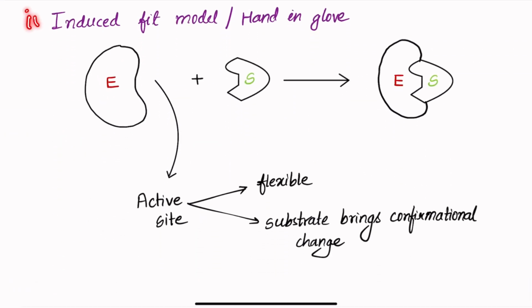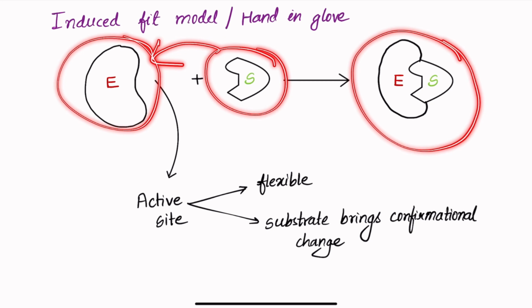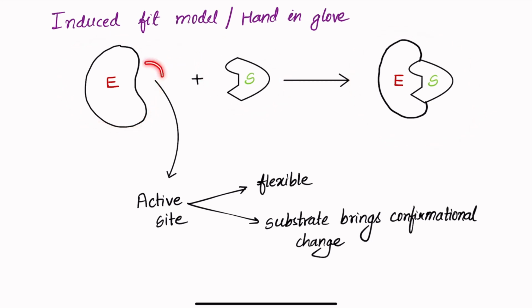Second is induced fit model or hand in glove model. So here's the substrate, here's the enzyme, the substrate binds with the enzyme and forms enzyme substrate complex. The site where the substrate binds to is the active site. As you can see, the active site does not have a fixed structure. It is flexible. That is, it can change.